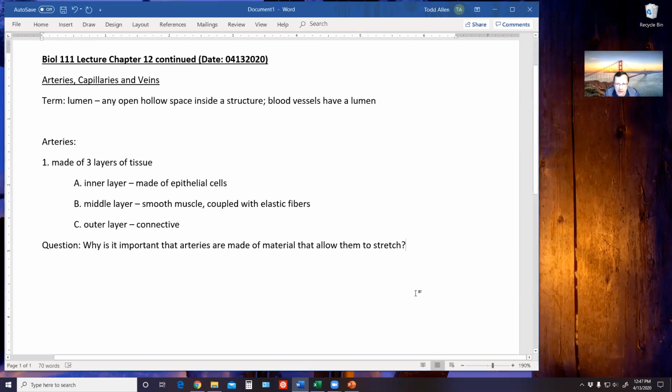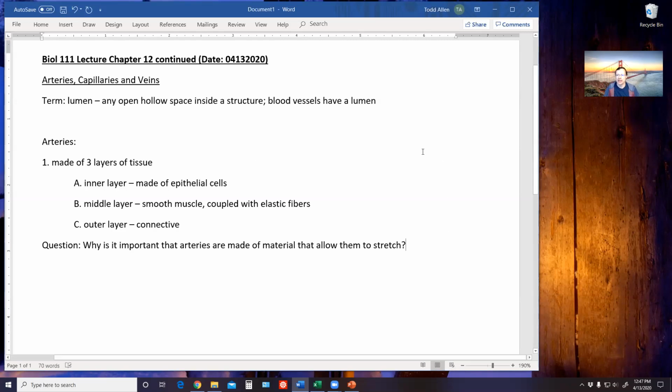Okay, so Kirsten says blood pressure changes. Well, you might be onto something there, Kirsten. What do you mean? Does the stretchiness of the artery allow the blood pressure to change? Is that what you're saying? Okay.